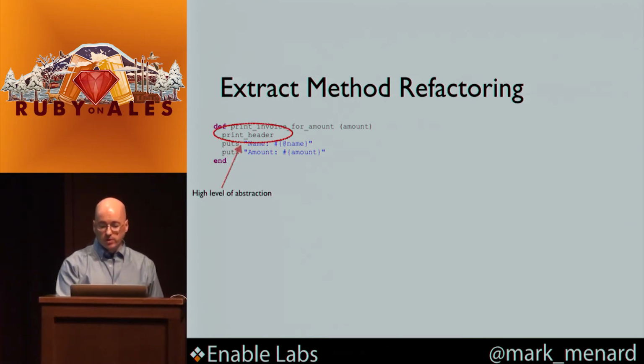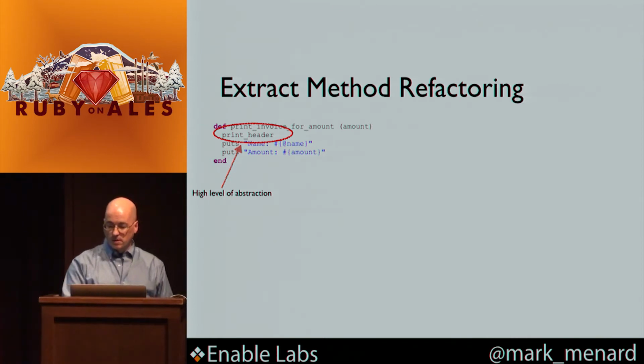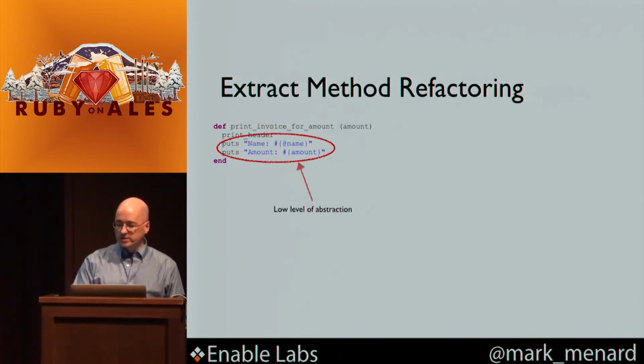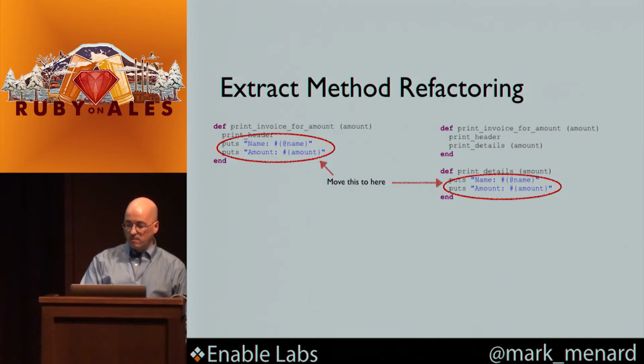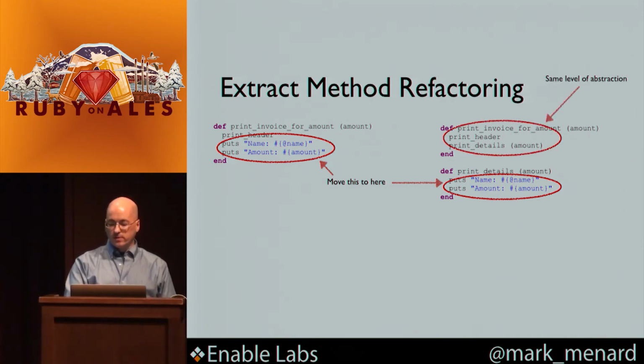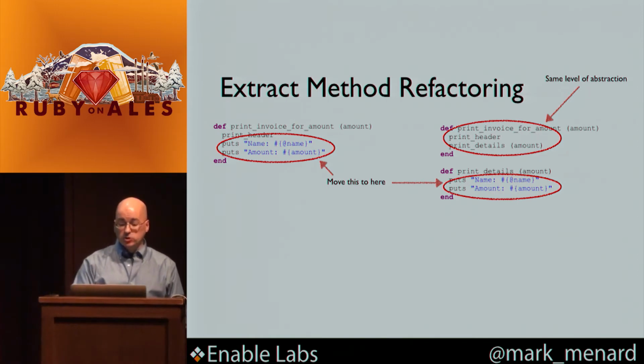Here we have one expression in our method that is at a high level of abstraction, then two lines that are at a low level of abstraction. So we move the less abstract code to a new method with a descriptive name, then call the new method. This results in the old method having a consistent level of abstraction.